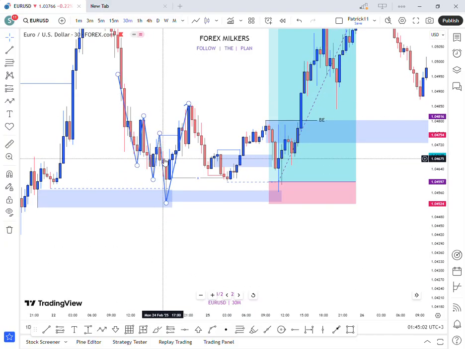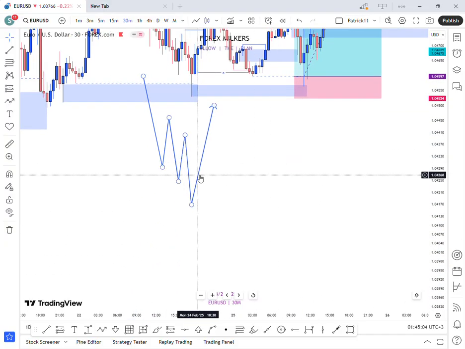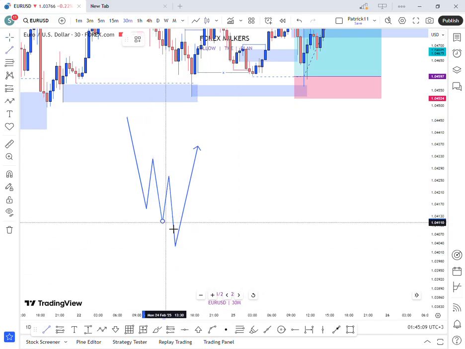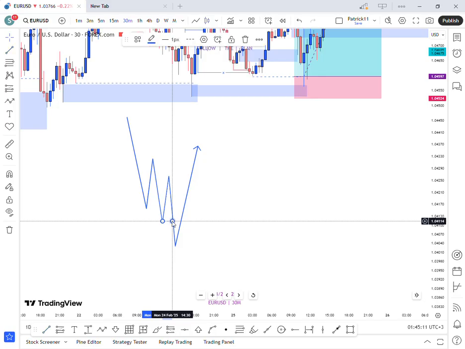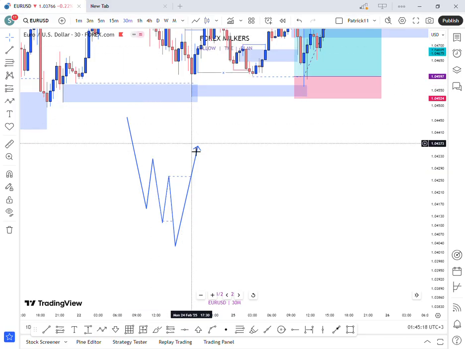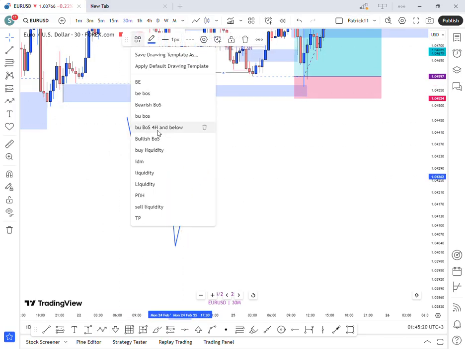So this pattern, if I take it out, you can see clearly, because I told you price has to take out liquidity, break structure to the upside. I hope you're seeing this.